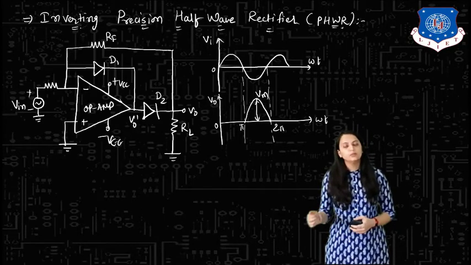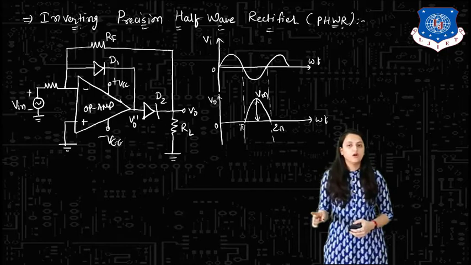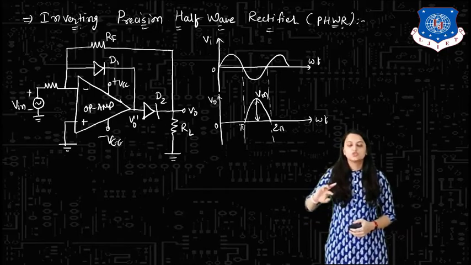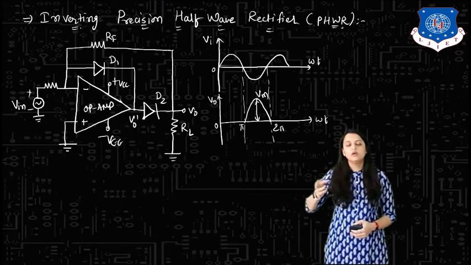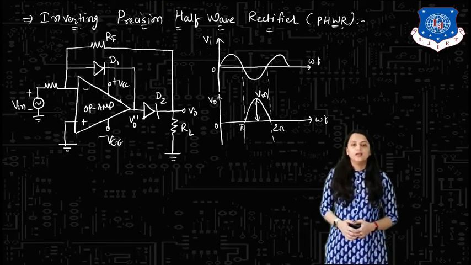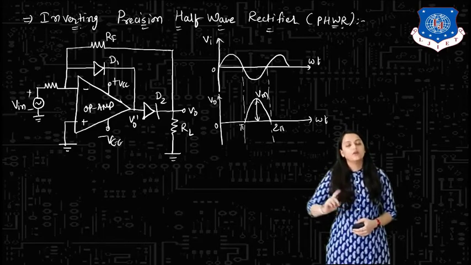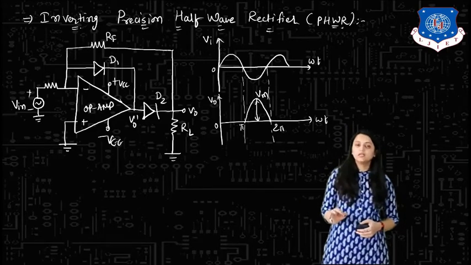Whenever the input voltage is higher, a negative supply will be given. The diode D2 will be off and D1 will be on. Vice versa, D1 and D2 will be on and off according to the supply voltage values. And as it is inverting type, the output is inverted with respect to the input, that is a 180 degree phase shifted output.